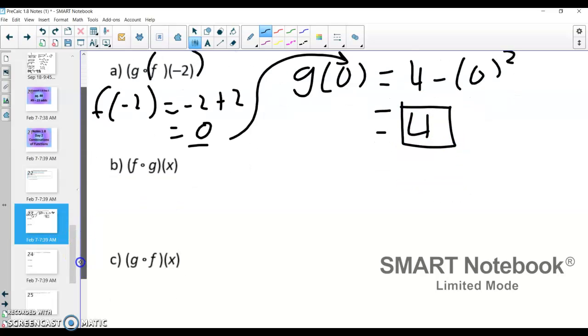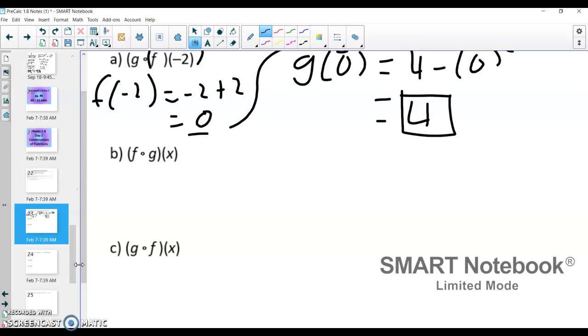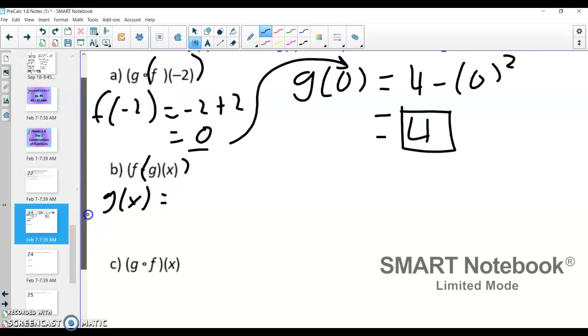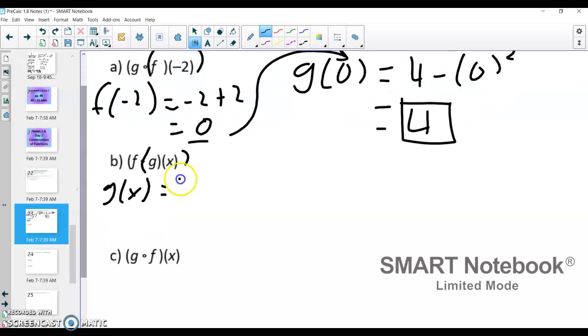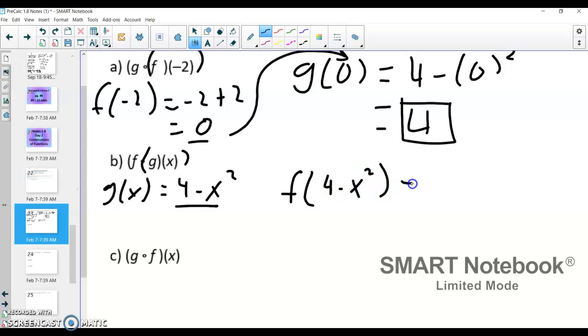Okay, next one, we have f composed of g, or f of g of x. Again, we want to look at what g of x is. g of x equals 4 minus x squared, and so we're going to compose f of that. So this is going to be f of 4 minus x squared, because now it's composed of g.